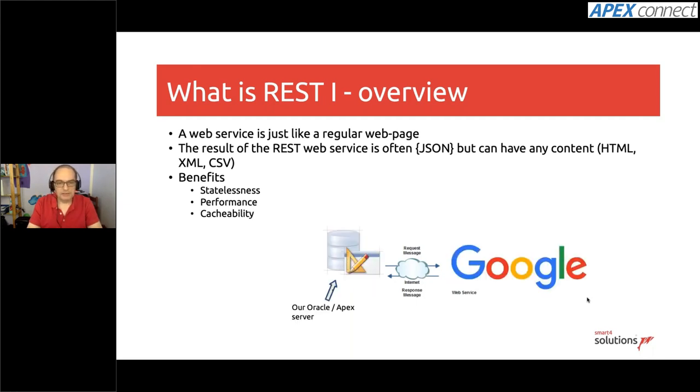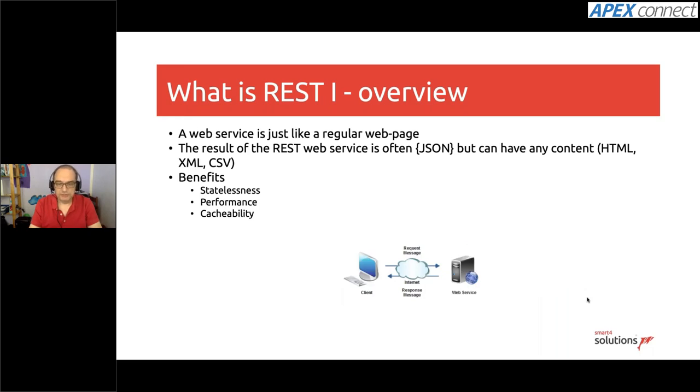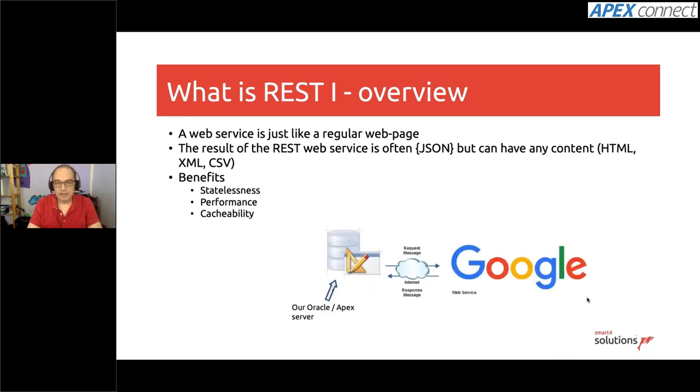But now our Apex server, our Oracle database, will do a request instead of our browser. We still use the internet, of course. And for example, we are using a web service from Google. Google returns the response in a JSON or XML format. So there's actually no difference between a browser and our database doing an HTTP request.